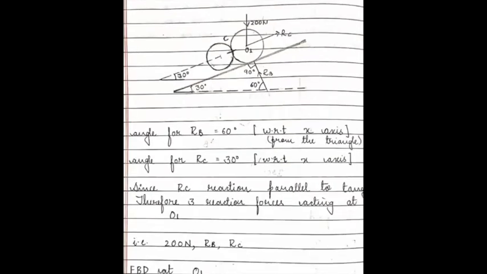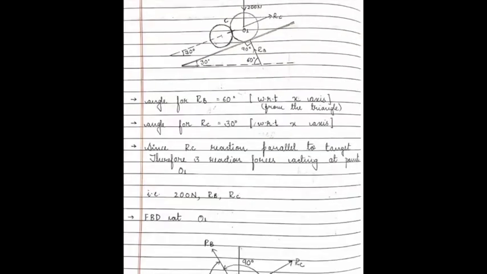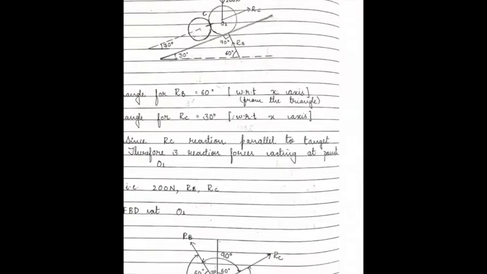I've clearly written it also. Angle for RB is 60 degree with respect to x-axis from the triangle, and angle for RC is 30 degree with respect to x-axis because it is a parallel line with respect to the inclination. Therefore, it is 30 degree. Is it clear, everyone? Since the RC reaction is parallel to the tangent, there are three reaction forces acting at the point.